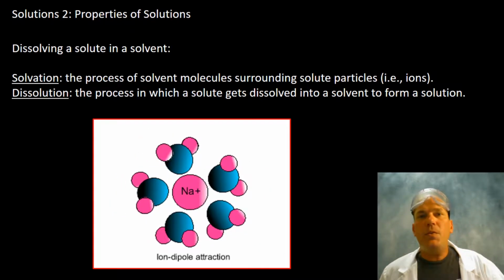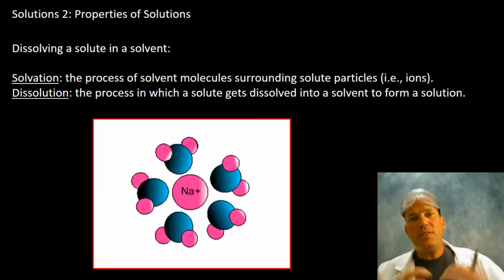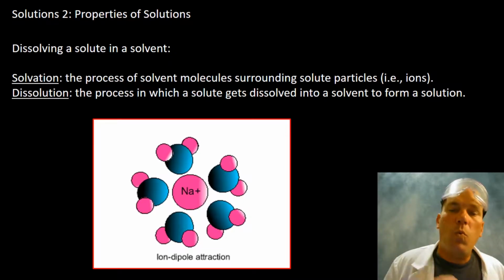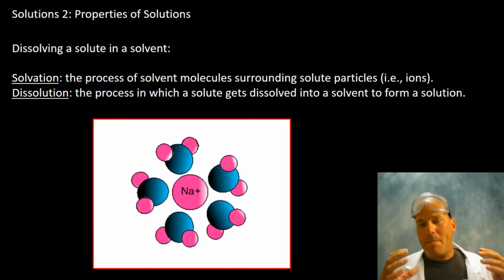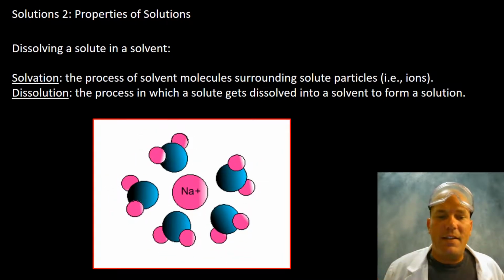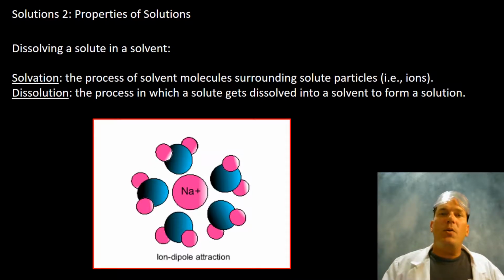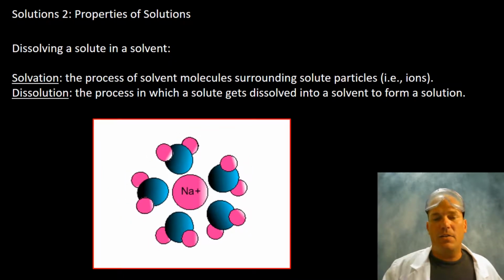Okay, so what you see here is a sodium cation being surrounded by water. Now, more than likely, we have not yet got to our bonding unit, all right? So the way these are orienting one another is known as an ion dipole bond, okay?